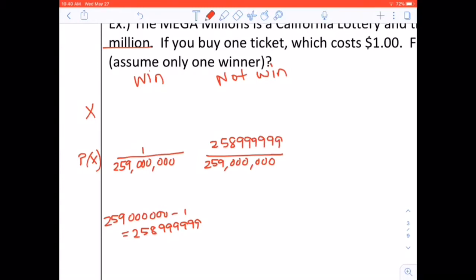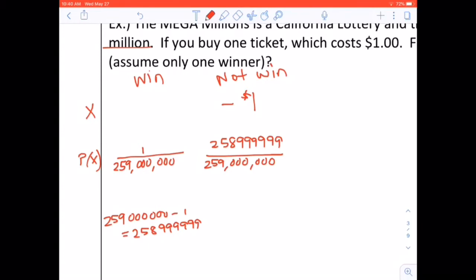Now what happens if you do not win? Well, you didn't get the $104 million jackpot prize, but you did lose the dollar that you had to pay to play. If you lost something, we represent that by a negative value. So you lost that $1, so we're going to say negative $1. What happens if you win?